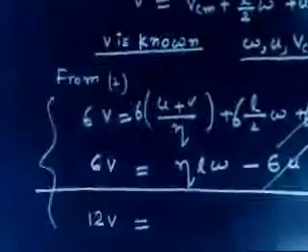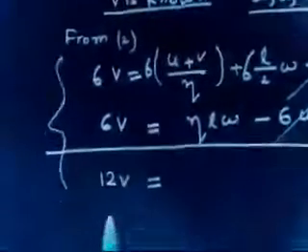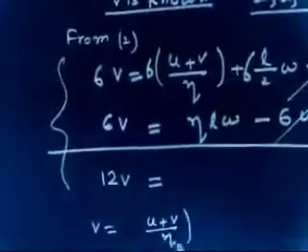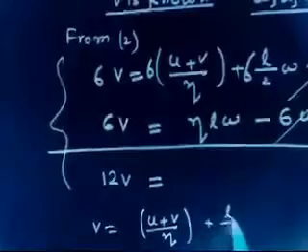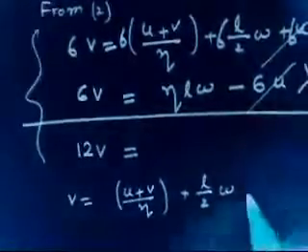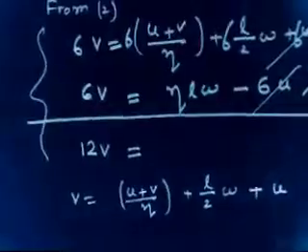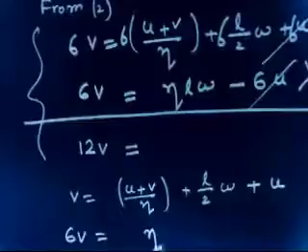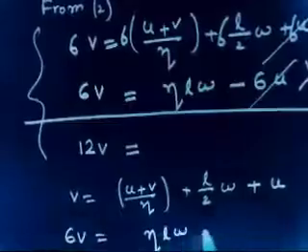What we will do is, let us write this equation again. So we have v equals (u plus v) by eta plus L by 2 into omega. The same equation I am copying, and the lower equation you have 6v equals eta L omega minus 6u.